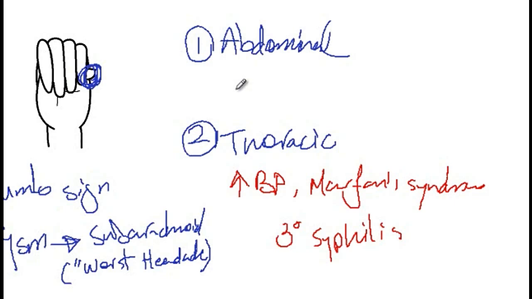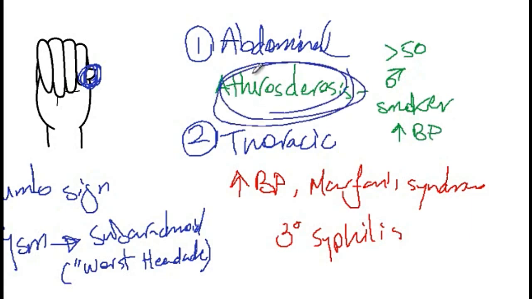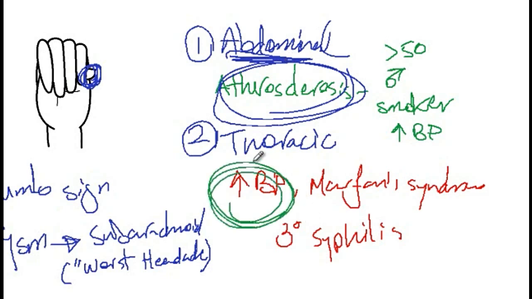With abdominal aortic aneurysm, however, the main risk factor is atherosclerosis. And then there are other risk factors such as age over 50, male, smoker, and high blood pressure. So just keep that in mind, that atherosclerosis usually leads to abdominal aortic aneurysm versus high blood pressure that is mainly associated with thoracic aortic aneurysm. But high blood pressure can also be a risk factor for abdominal aortic aneurysm.